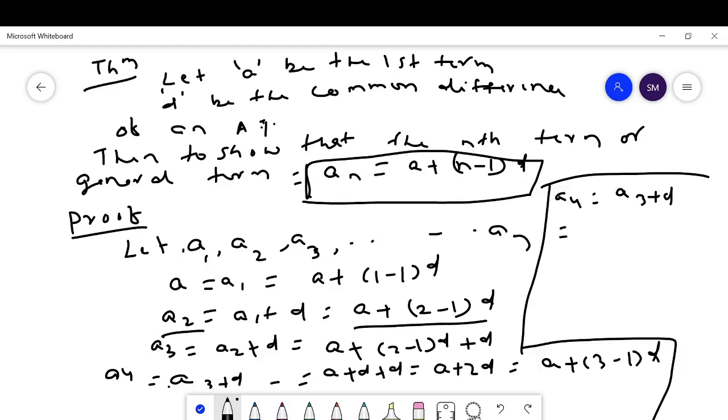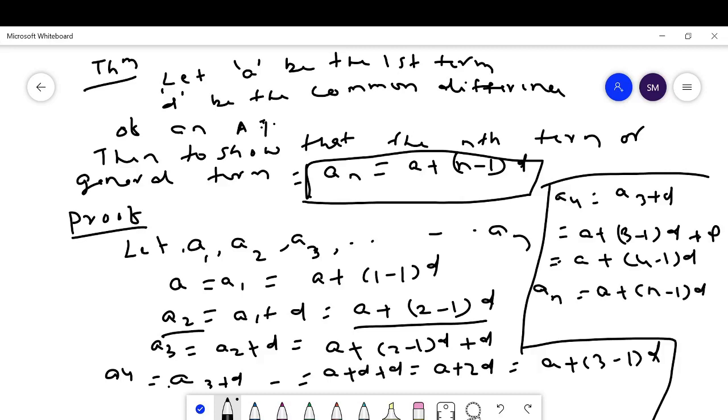In place of A3 we can write a plus 3 minus 1 into d, plus d, which can be written as a plus 4 minus 1 into d. In this way we can write An is equal to a plus n minus 1 into d. We have proved this. This is the general term, or nth term, of the AP.